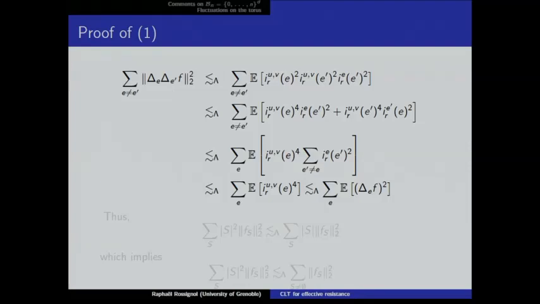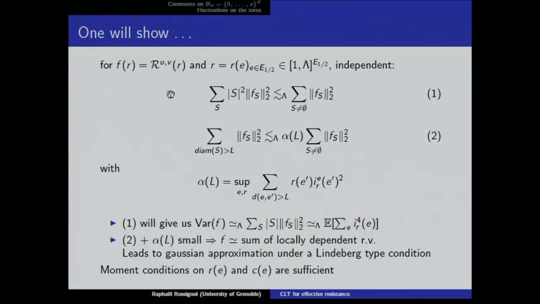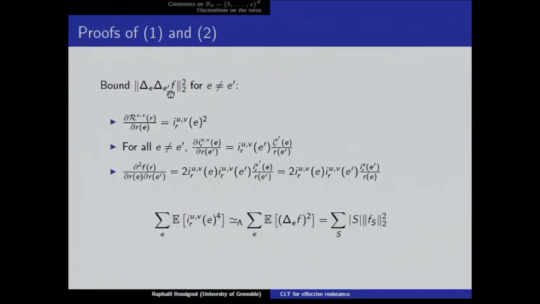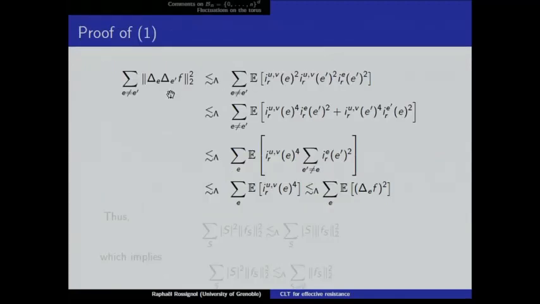So now maybe I should recall what inequality one was. We want to prove that in the Walsh system, the second moment of the cardinal of S is bounded.